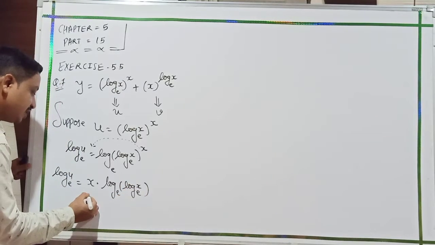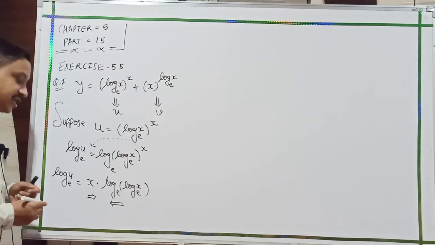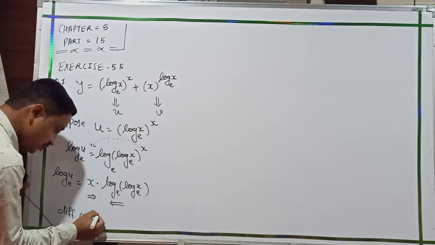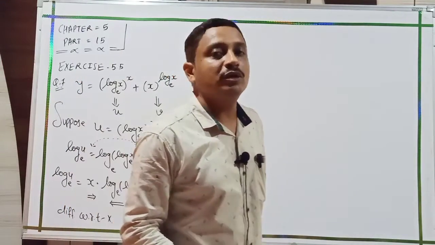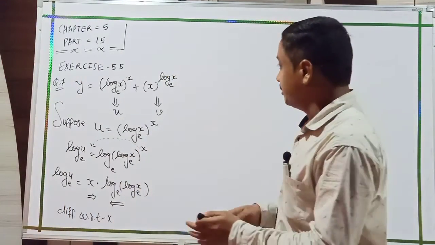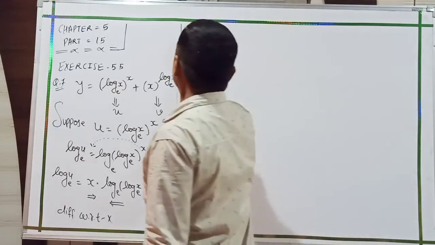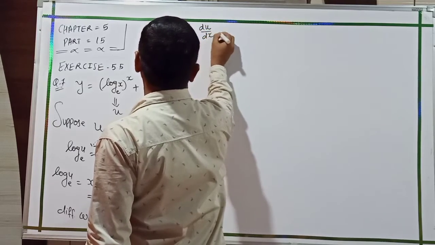Here you take the first part and the second part, and start the differentiation with respect to x. Now I start the derivative for these functions. So the derivative of log u you know: 1 by u, du by dx.